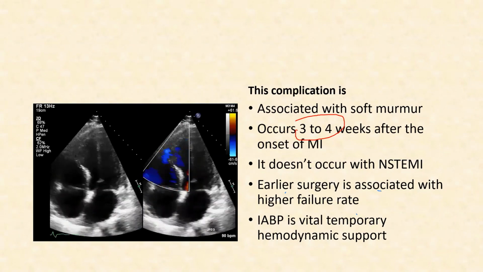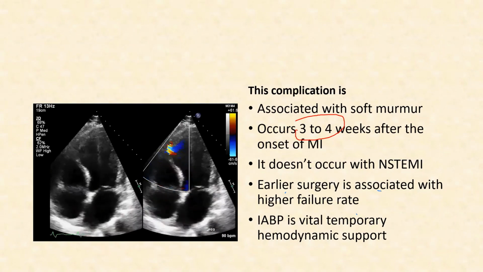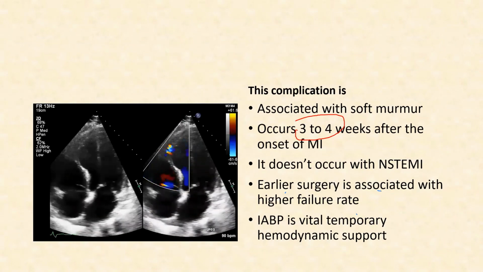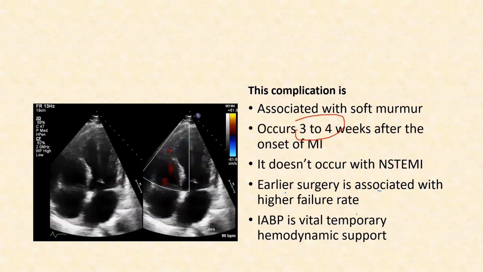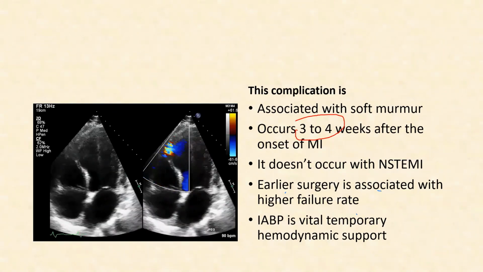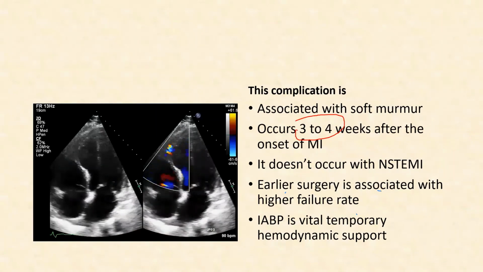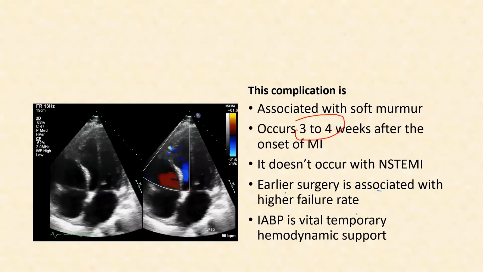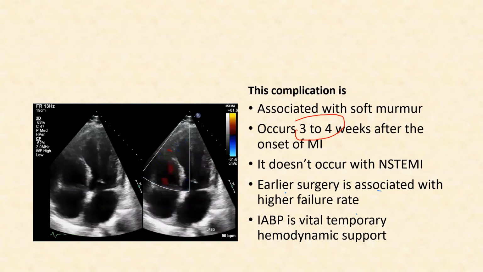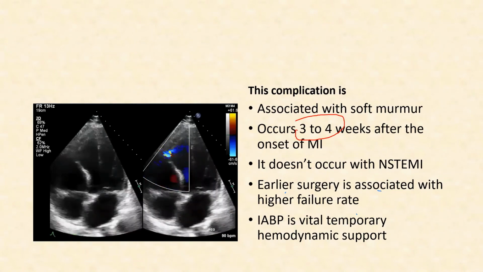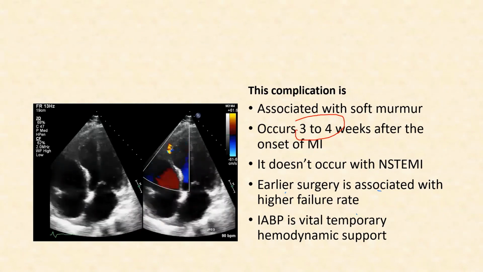Usually the early surgery is associated with good mortality. Unfortunately, it's a dilemma, by the way. VSR contributes a lot to hemodynamic collapse, cardiogenic shock, and all of that. So you have to intervene, and the earlier the better. But the failure rate is high.